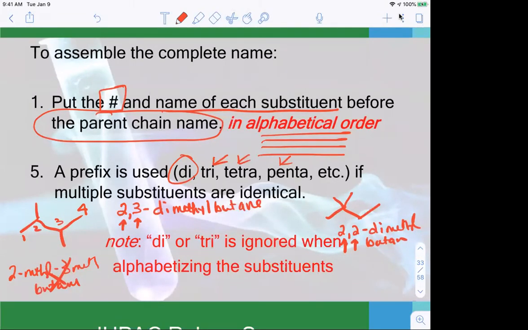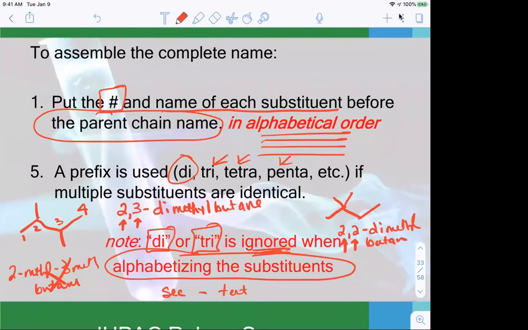The important part is any di or tri or sec or tert is ignored when alphabetizing. Iso is counted. So isobutyl starts with an I and not with a B.